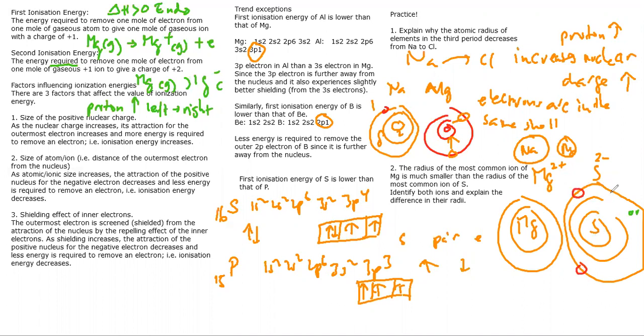So we have an additional electron in S. For example, the original electrons of S are in green. S is in group 6, so there will be 6 valence electrons, 1, 2, 3, 4, 5, and this is 6. Now this red sphere is the newly added electron.